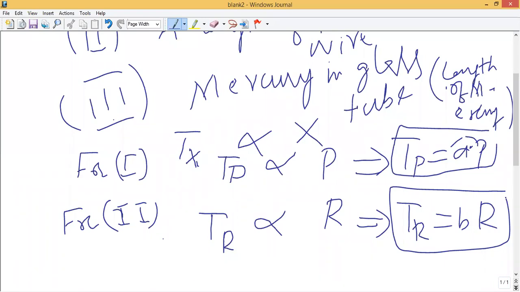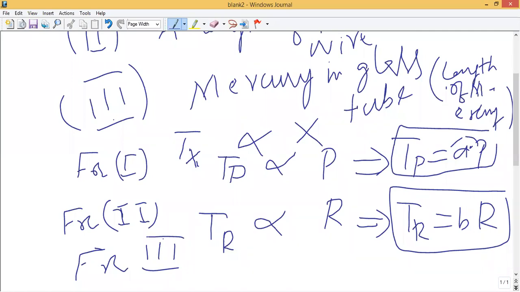And the third type is the mercury length.